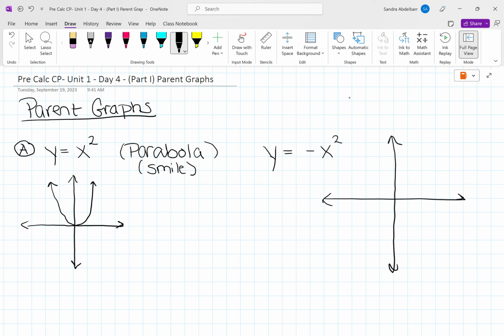So now it is a parabola that is frowning. Okay, so that's the first parent graph you have to memorize.